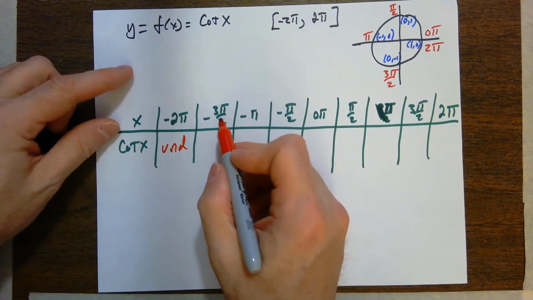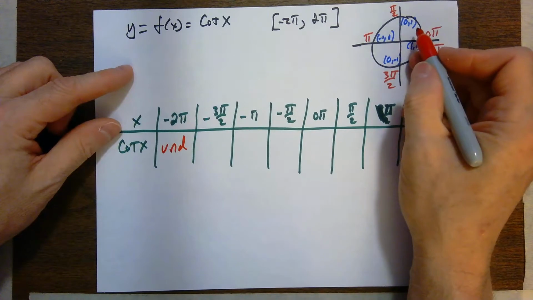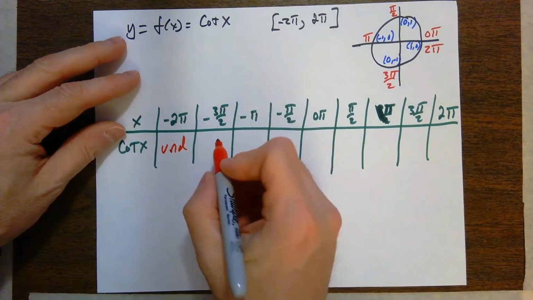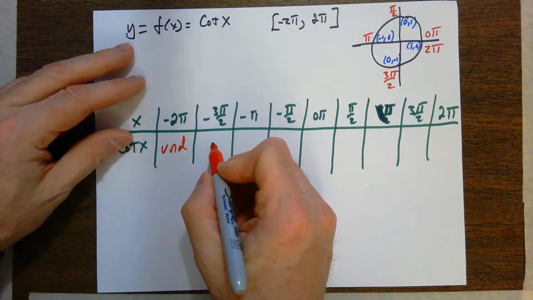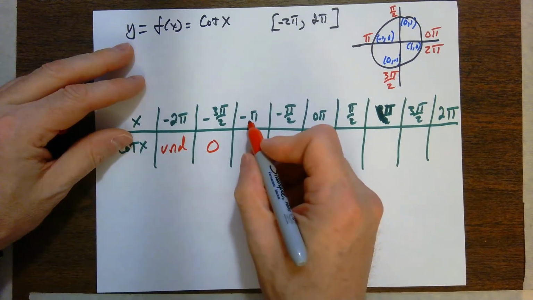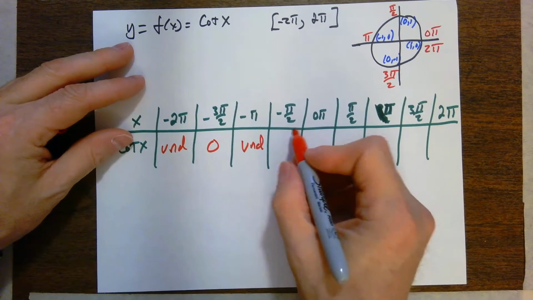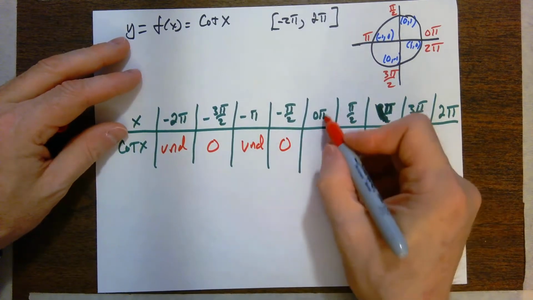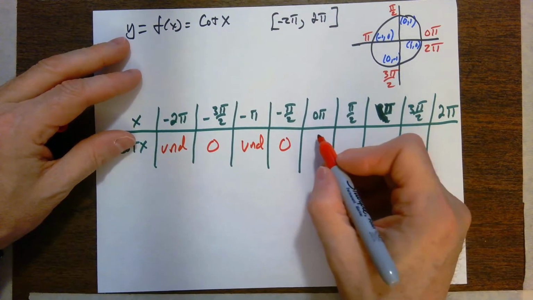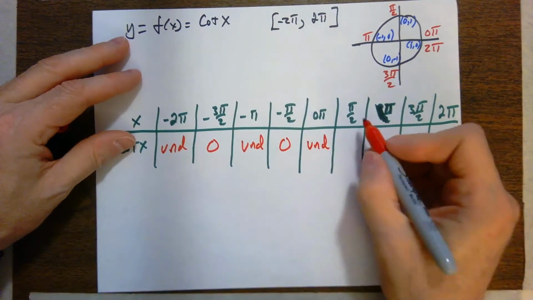Here, this was undefined. At negative 3 pi over 2, I'm going to have 0 over 1, which is going to be 0. And at negative pi, undefined. Here, at negative pi over 2, it's going to be 0. At 0 pi, it's going to be undefined.